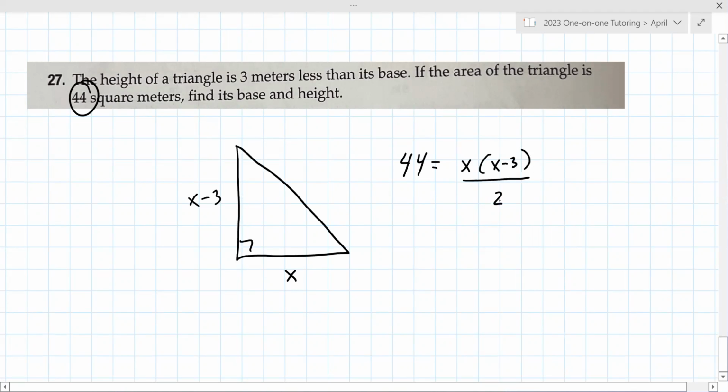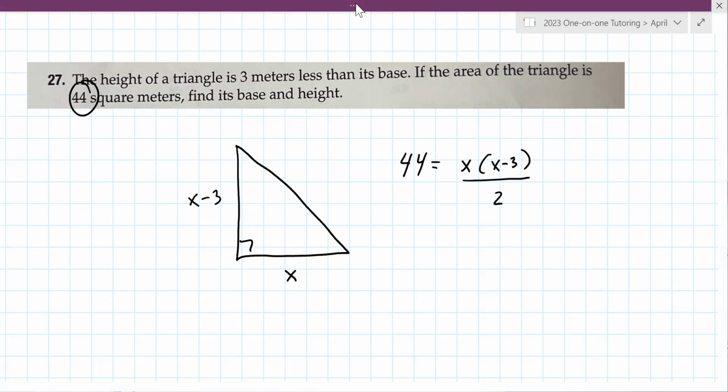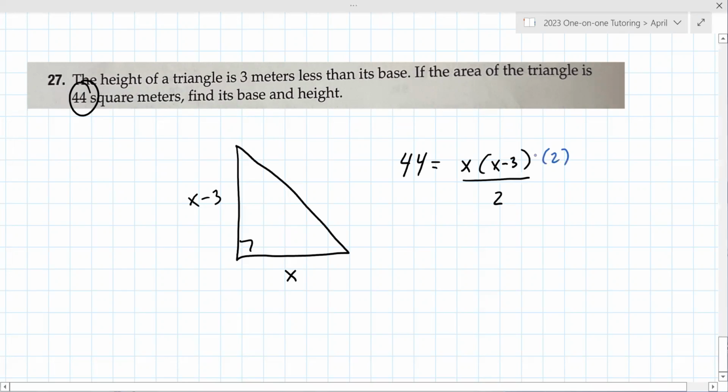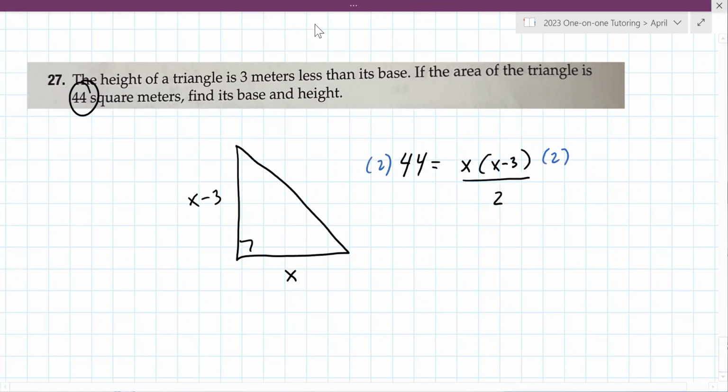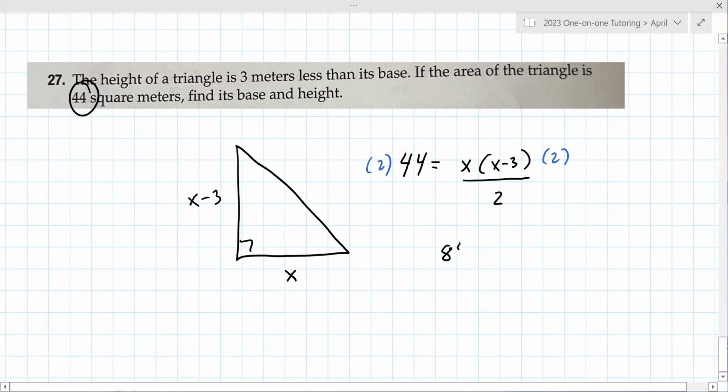Now this one's not as nice as the last couple. It does involve factoring. So we're gonna multiply both sides by 2. 88 equals x squared minus 3x, and then I'm gonna move the 88 over so it's on the same side.